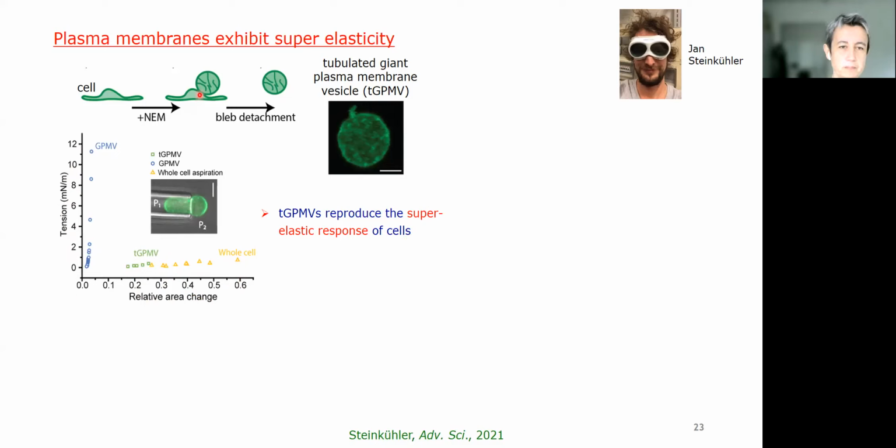GPMVs or blebs that you create without tubes, which you can do by using paraformaldehyde, behave just like conventional lipid membranes. So we were wondering where this superelastic response comes from.